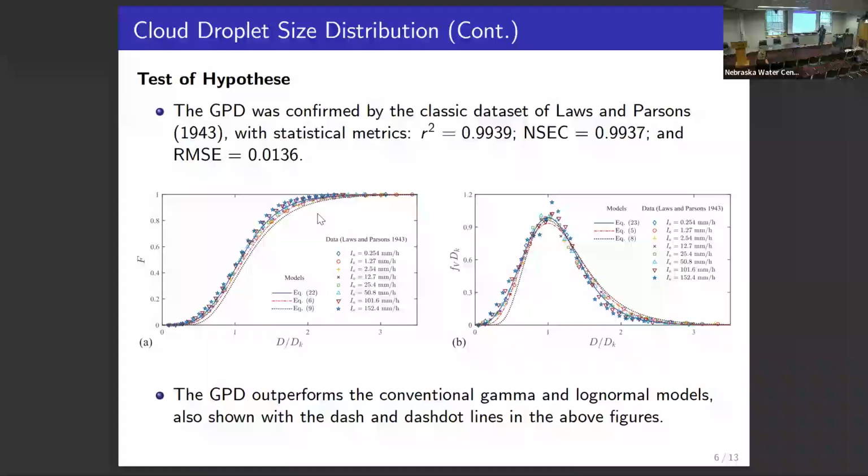However, we have one equation that could collapse all these data in terms of similarity. If we have this particle size distribution, then we know the height of the cloud, and we could calculate how the rainfall is distributed over time.